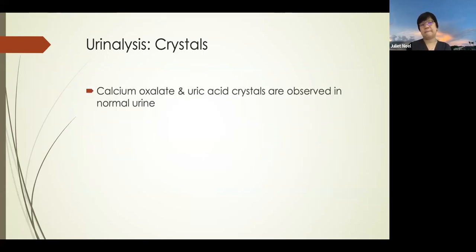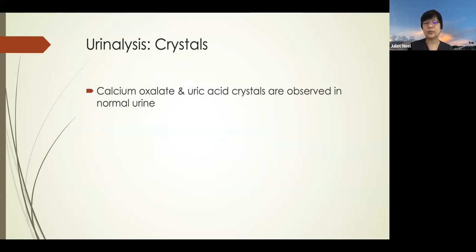Crystals: calcium oxalate and uric acid crystals can normally be found in normal urine. When patients tell you, Doc, I have high uric acid, ask them whether they had a blood test. They will say, no, Doc, there is a lot of uric acid in the urine. That's not hyperuricemia.